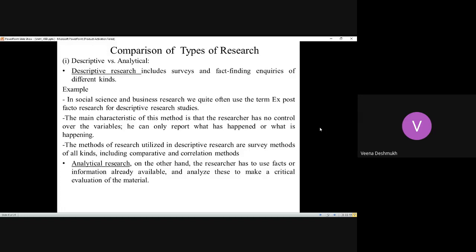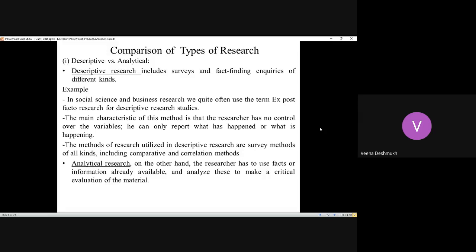I'm trying to correlate, okay, this year or today's temperature is like this, last month at this time the temperature was so much. I don't have any control over whether it is increasing or decreasing or how to control it. I'm just finding out the facts. So this kind of research is descriptive.